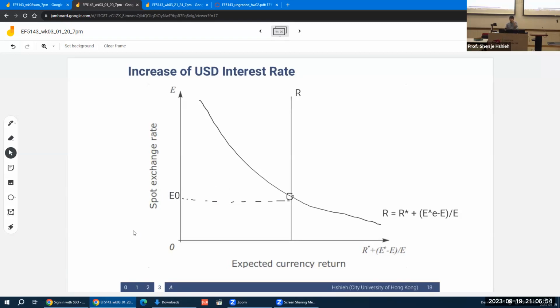Now, if we have an increase in USD interest rates, so we're assuming USD is the domestic currency, there's going to be an upward shift or outward shift of the vertical line. I haven't told you how it's done yet, right?